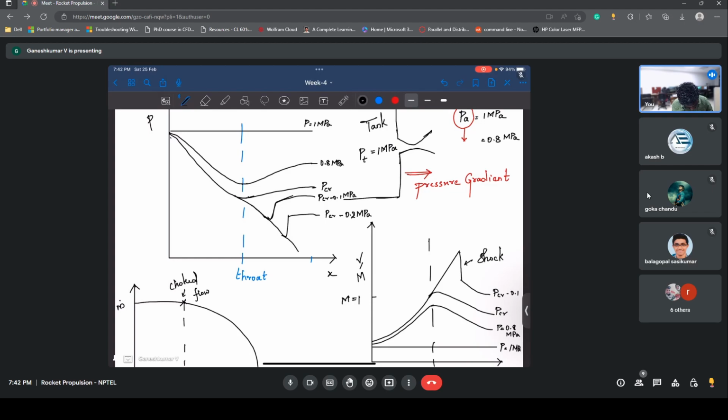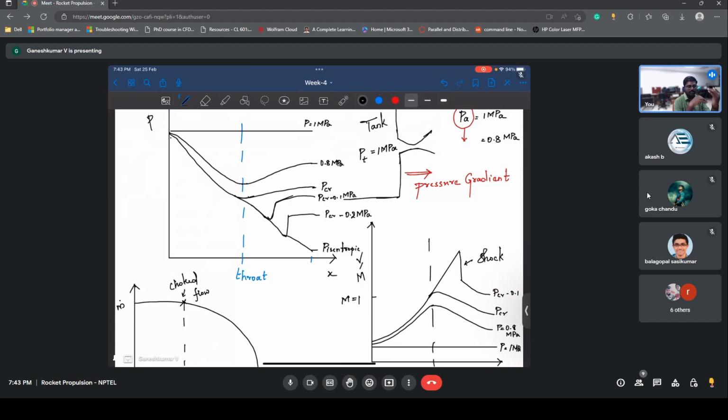Then it keeps on doing it until it finally reaches the isentropic pressure gradient. Why do we call it isentropic? Because it's going to be an isentropic process: there's no heat release, and it's also going to be reversible. That's why we call it isentropic.